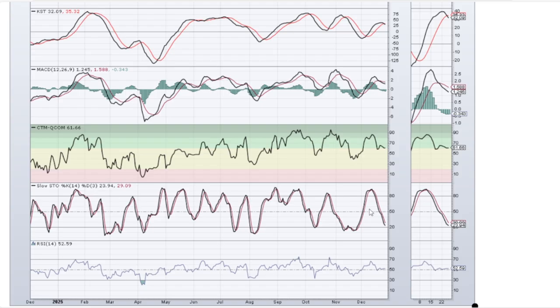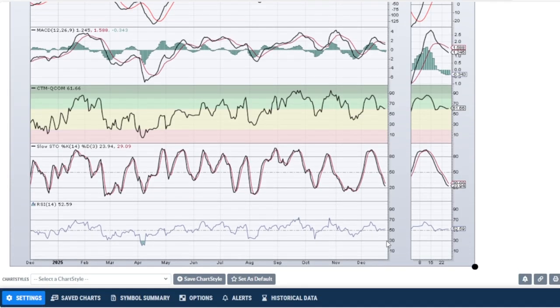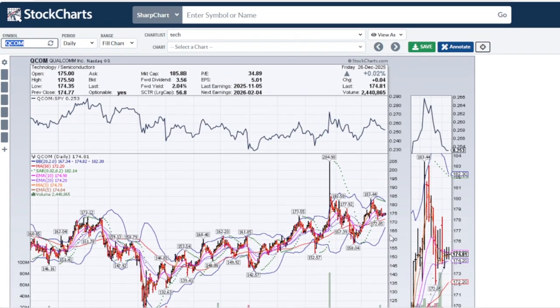Its slow stochastics is low, which sometimes to me is a good sign, especially if it's above 20. It could be marked for a comeback, and its RSI is above 50. Who else do we want to look at in the semiconductor?